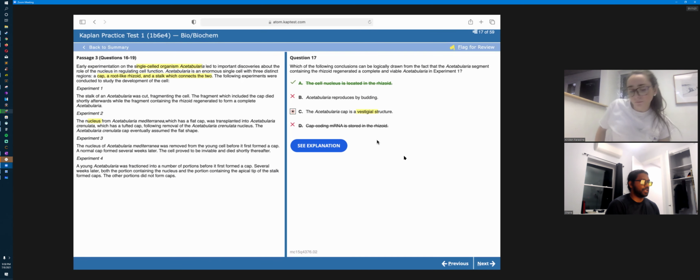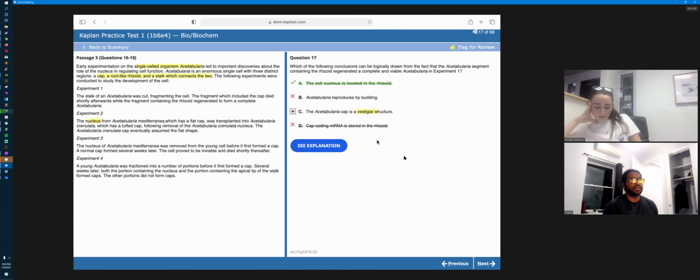So in experiment 3, it says that when you remove the nucleus, it dies. It's not viable, right? Yes. And experiment 1 says that the fragment that contains a rhizoid regenerates, like makes a version of itself, aka is viable. So without the nucleus in experiment 3, it dies, and in experiment 1, the rhizoid is living.